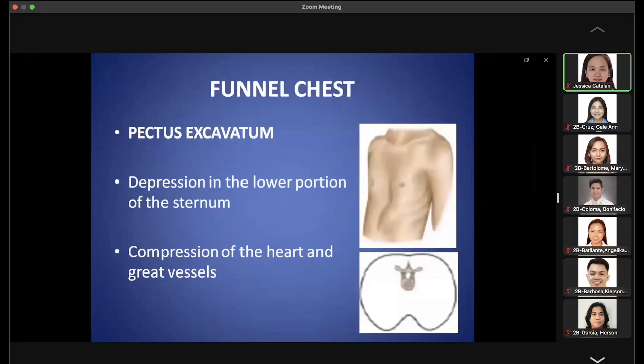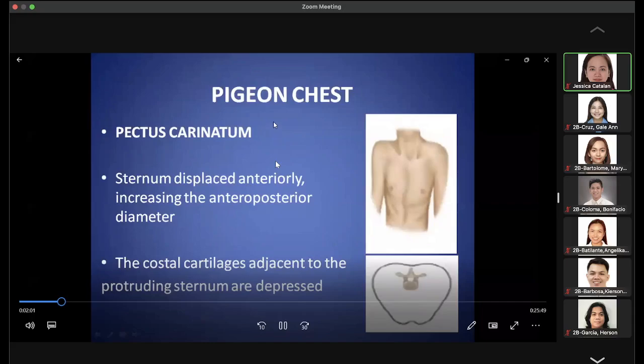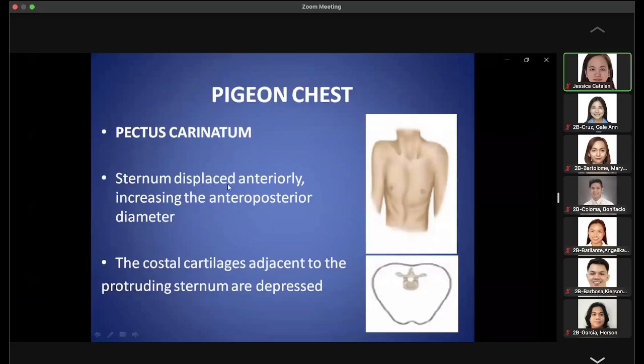Okay. So what is a funnel chest? It is pectus excavatum. So there is a depression in the lower portion of the sternum. Okay. So in effect, the heart and the great vessels are compressed. A pigeon chest is pectus carinatum. So the sternum is displaced anteriorly, increasing the anteroposterior diameter.